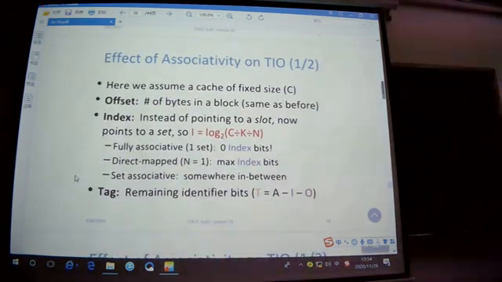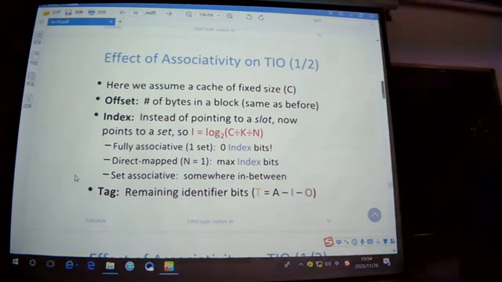Okay, here we assume a cache of fixed size. We have three terms: offset, index, and tag. So we can find the offset is the same as before. Index, instead of pointing to a slot, now points to a set.